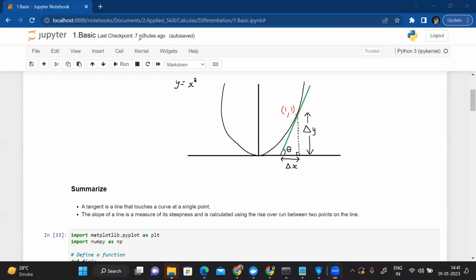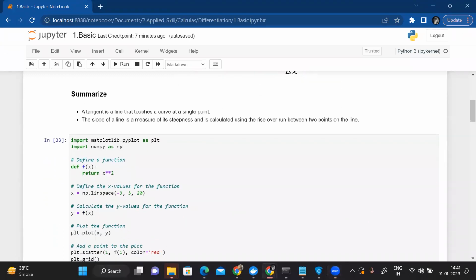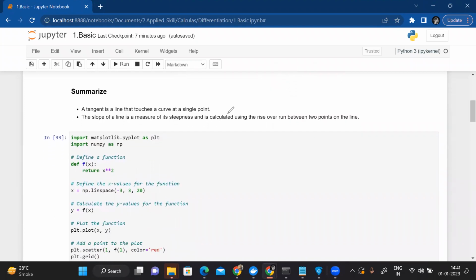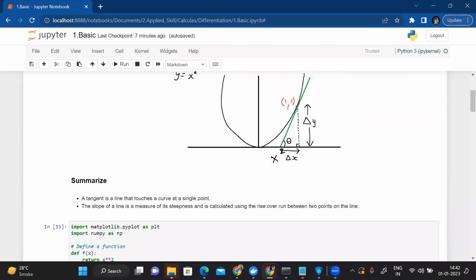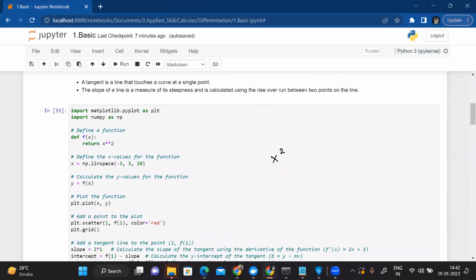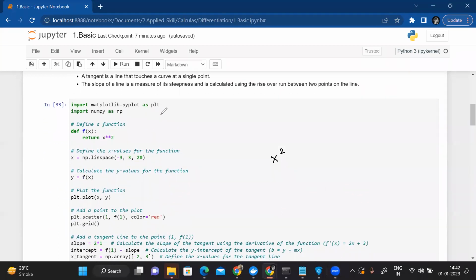We can implement this in Python also. For now, just ignore the concept of derivative. Let's suppose we have a function x square, the same function we used in this diagram, and now we will try to find the tangent. We just generated the x values. In numpy, we have a function called linspace.